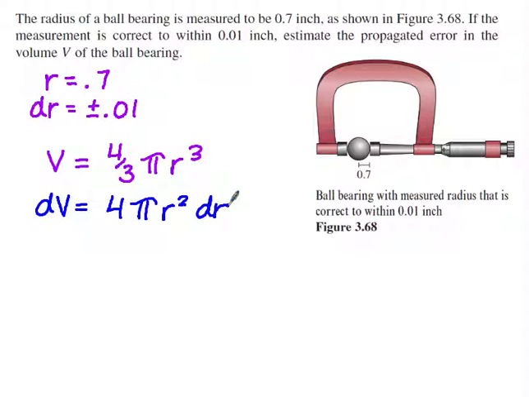And so then all we have to do is plug our values in. Okay? So if I plug my value in, I get 0.7 squared, and then I'm going to take that times plus or minus 0.01. And when you do that, I want to know what you get for an answer.